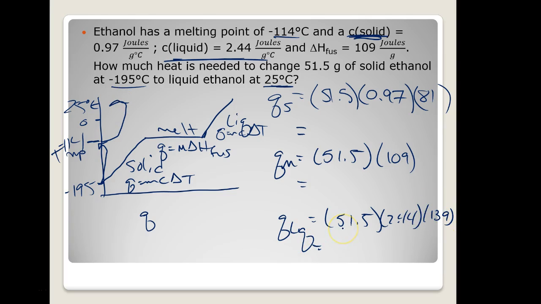Okay, so I'm going to do those numbers. And I'm just going to round them to whole numbers because it's just easier that way. So 4046 joules to raise the temperature of the solid. And 5614 joules to melt the solid.